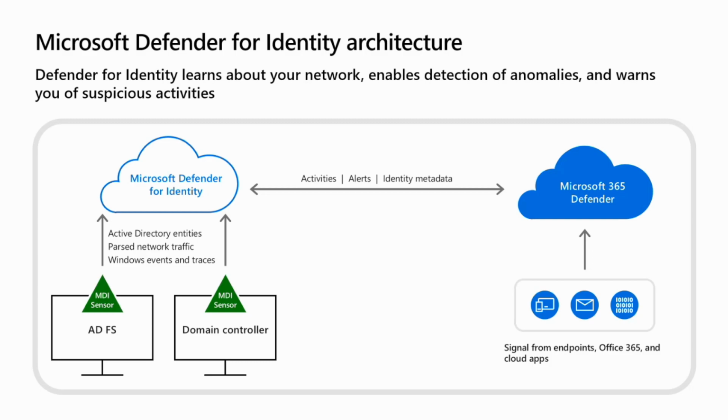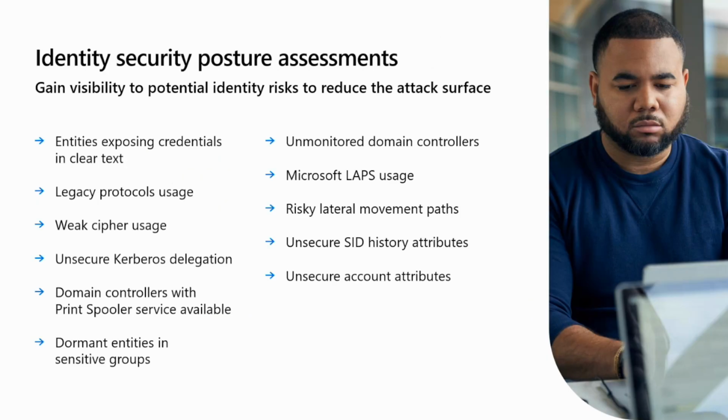Yeah, with Defender for Identity, out of the box, one of the things that I find really gives a lot of value for our customers is as soon as you turn it on, it'll actually perform an identity security posture assessment. And you can see the different things here that it will actually benchmark you on. And all of this gets surfaced up into your Microsoft Secure Score.